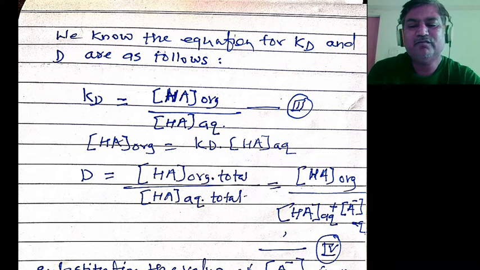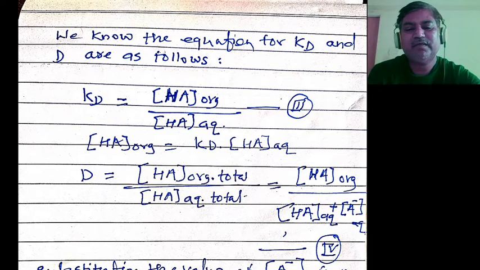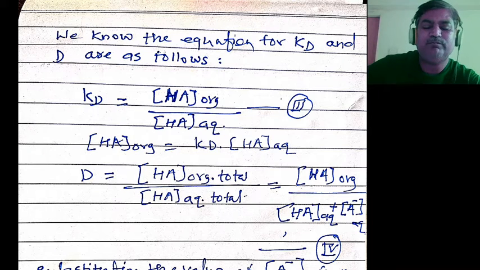Then the distribution ratio, which we have just studied, is the concentration of weak acid HA in organic phase in total divided by HA in aqueous phase in total. The same equation can be written as weak acid in organic phase divided by weak acid in aqueous phase, which is not distributed, plus A minus in aqueous phase.